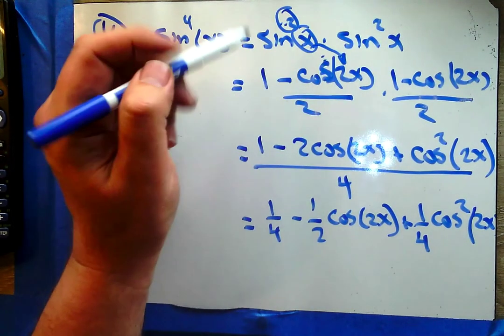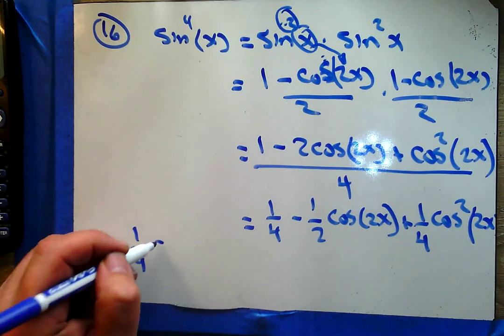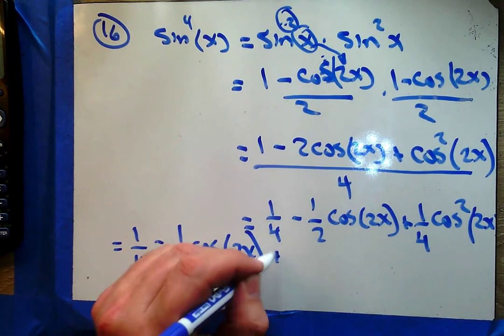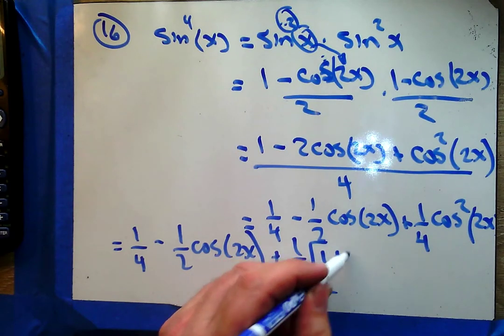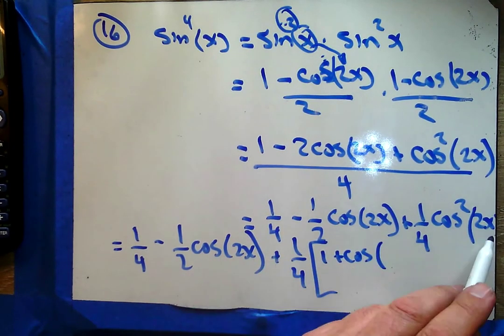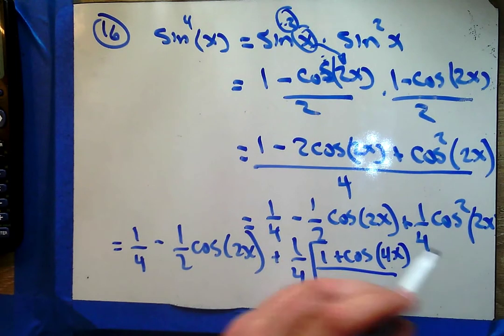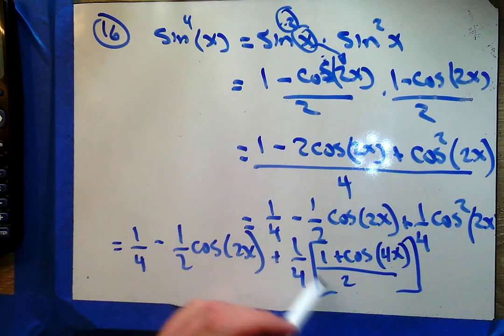The angle doubles. So in this problem, my next step would look like 1/4 minus 1/2 cosine 2x plus 1/4, and now my power reducing identity, 1 plus cosine, and this angle doubles, 4x all over 2. Okay, this gets split into 2 fractions.